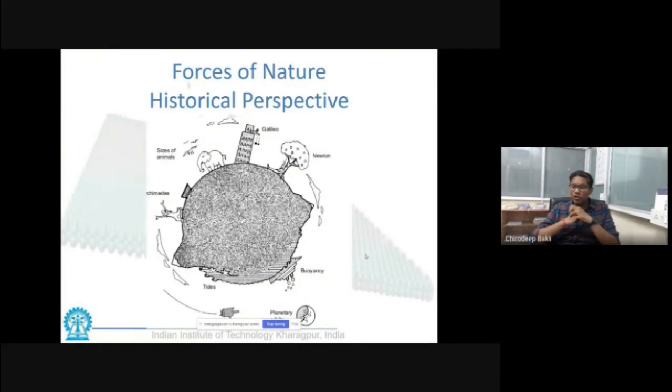And around Newton, there was another scientist, Robert Boyle, who postulated a law, and that came into direct conflict with Newtonian mechanics. So you know Boyle's law? Boyle's law is basically PV equal to constant. So if pressure is increased, the volume decreases, and if pressure is decreased, the volume increases.